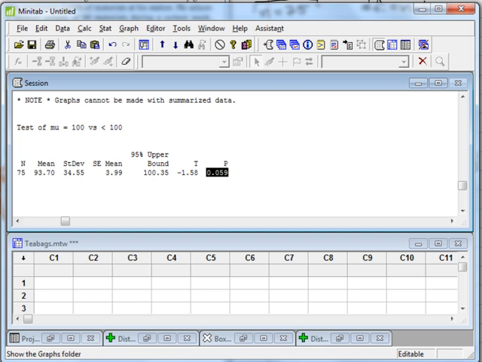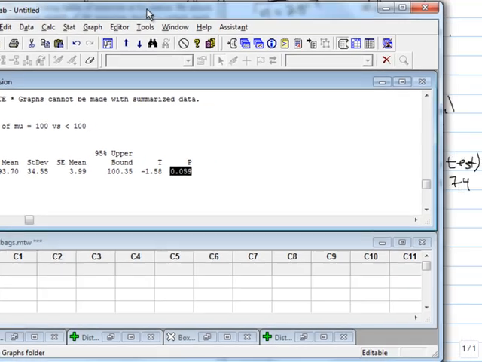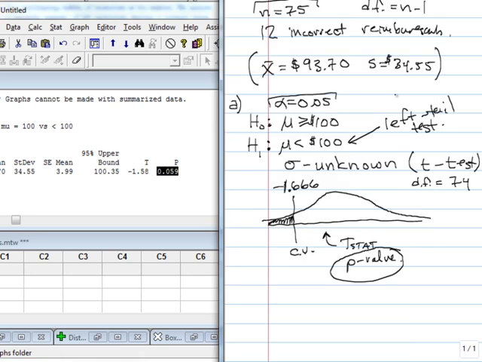I'm going to go back to this problem that we've been working with. And so we notice that the p-value is equal to 0.059. And we want to compare that with our alpha value, which is 0.05.